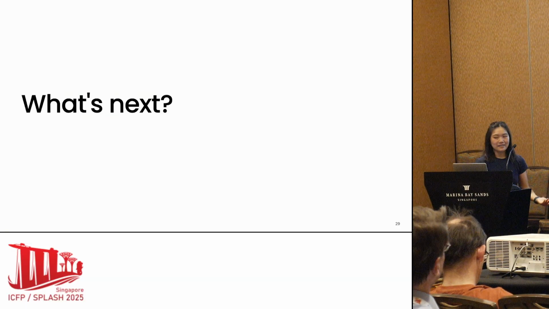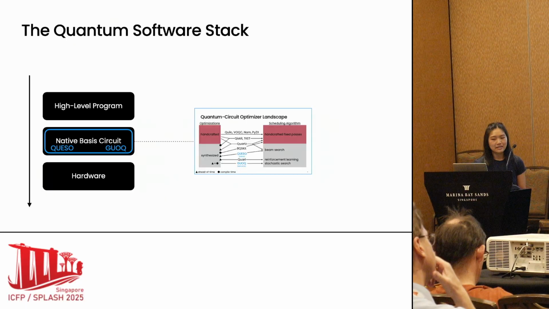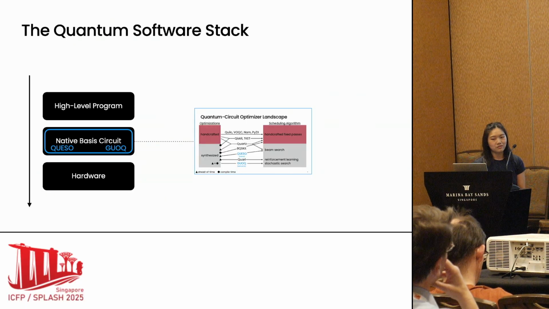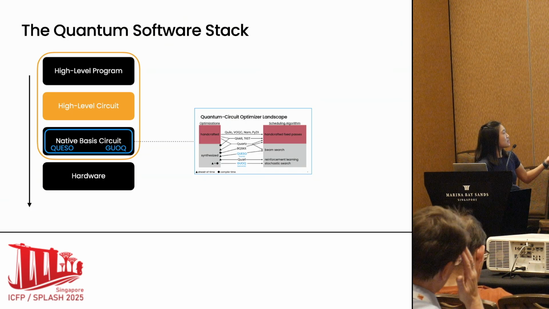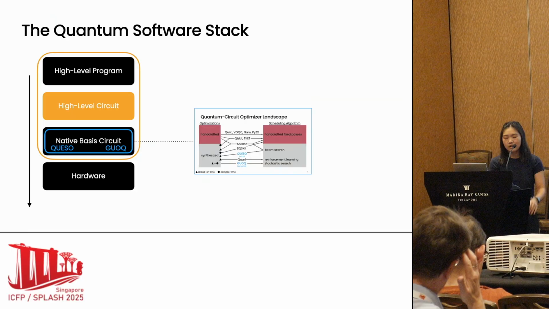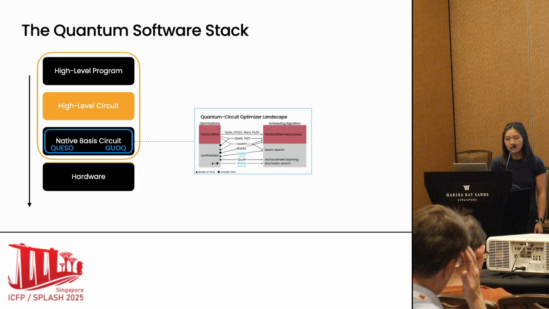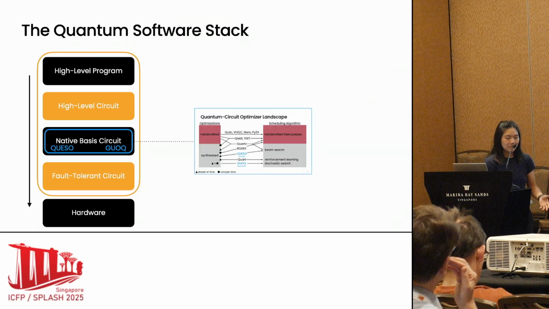So what's next? Well, this landscape, while it looks very complicated, actually only represents a small fraction of what the quantum software stack might look like for compiling a program. And actually, we might have extra steps like converting a high-level program into a high-level circuit before we get down to this low-level assembly. And then even below that, we need to run on error-corrected hardware. And so actually, this native basis gate set is going to be implemented using many more gates when you try to do it fault-tolerantly.